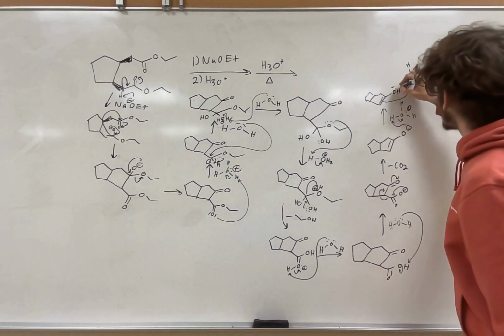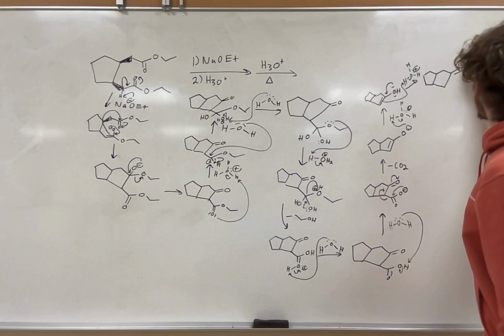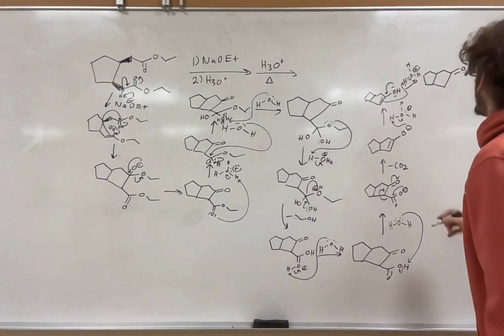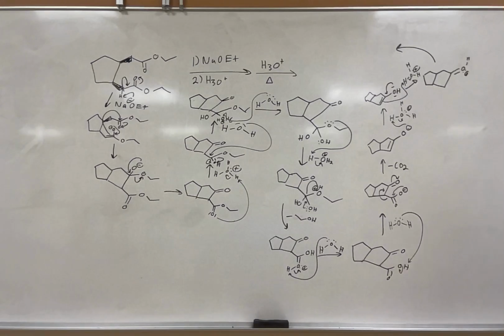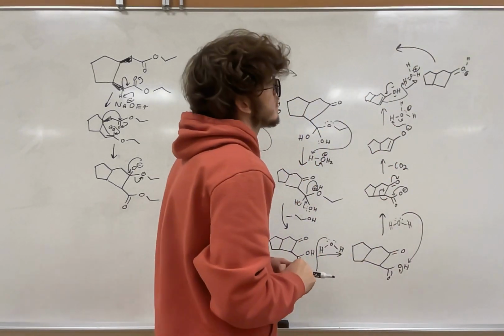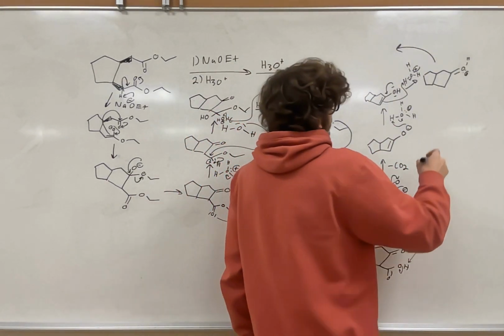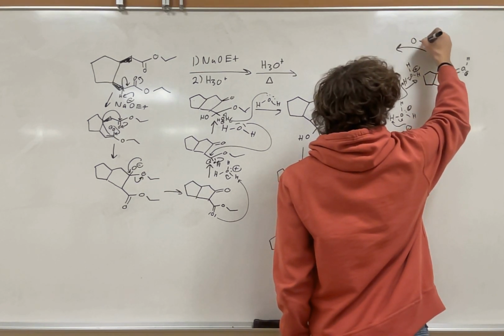And then these electrons push down. Oh my goodness, this is a long mechanism. This problem is quite lengthy. So we now get that protonated carbonyl, which isn't what we want. And what we notice is our H2O.